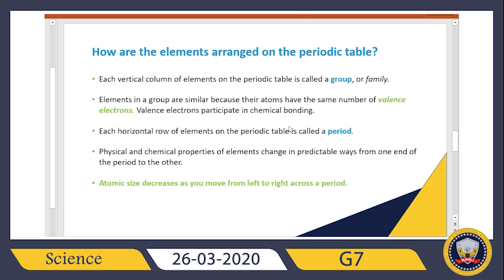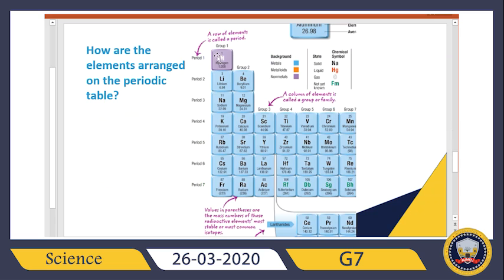Okay, let me also remind you, each vertical column represents a group. If I'm going down like this, I am just analyzing group 1, for example.